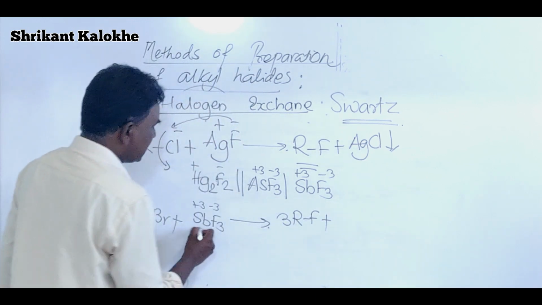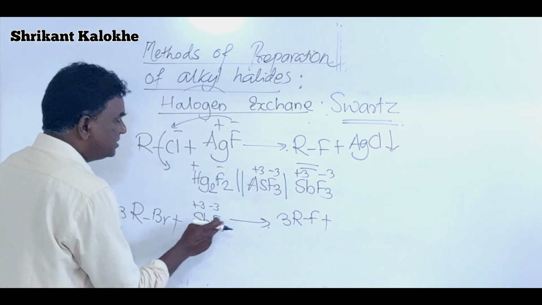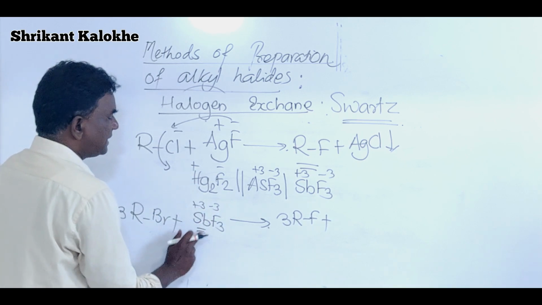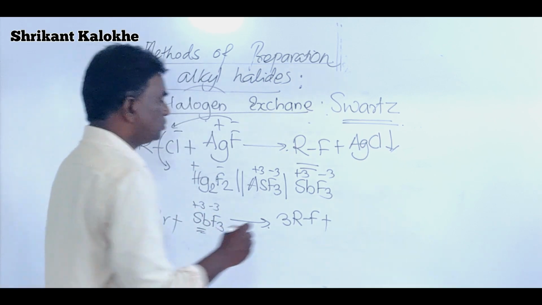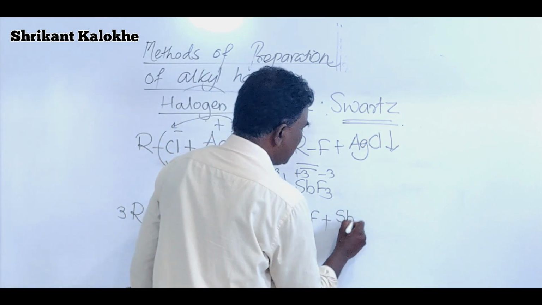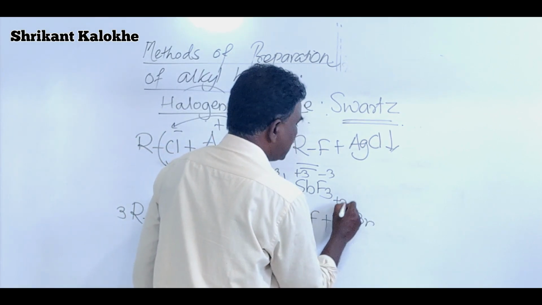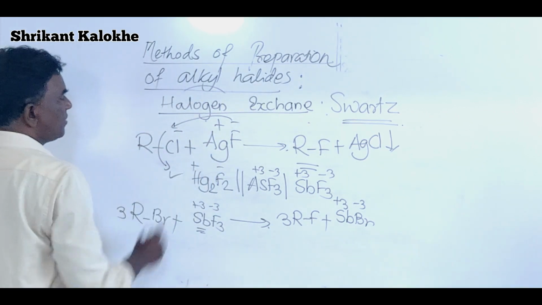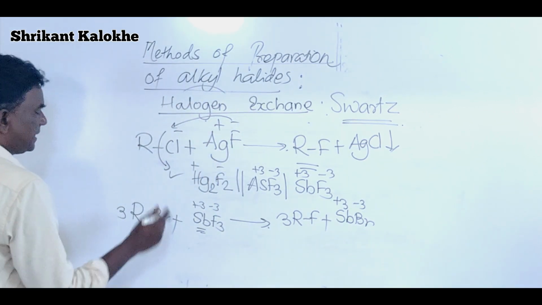Now this antimony fluoride would lose its fluoride ions, and the bromide ions would take the place of these fluoride ions, so the side product would be antimony bromide, Sb3+ Br-3. In this way, you can write various reactions by taking examples.